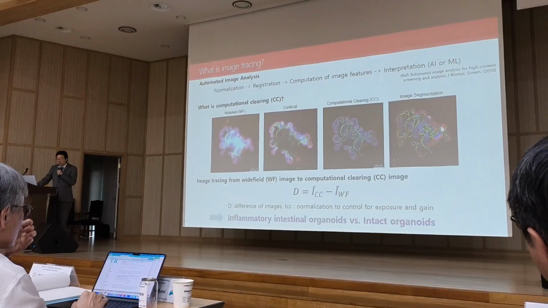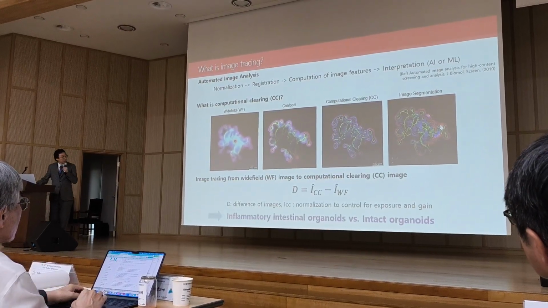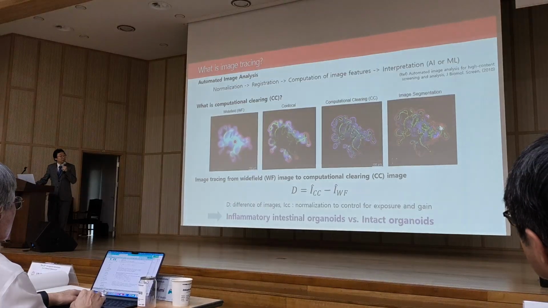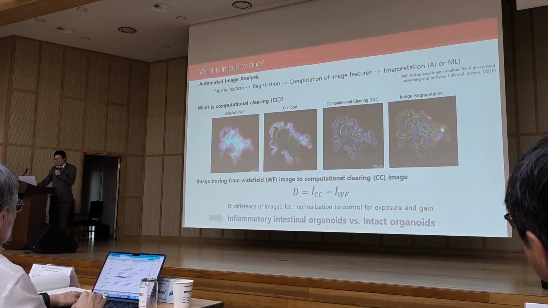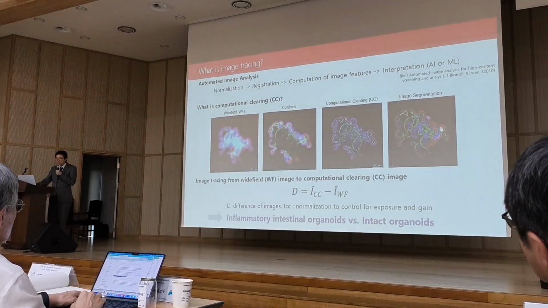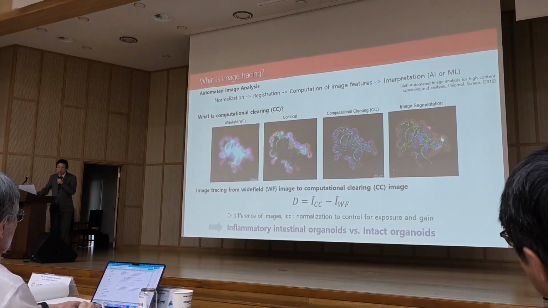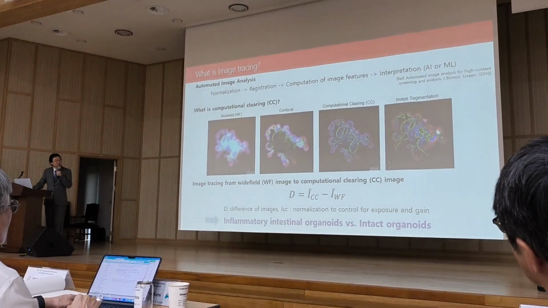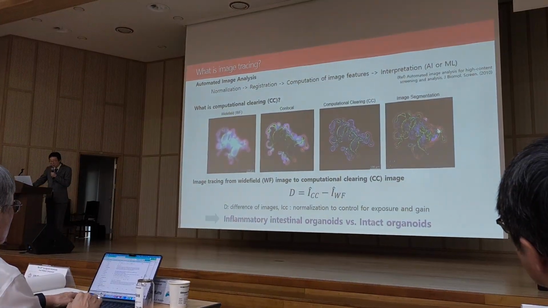So here is the wide field image of conventional fluorescence microscopy, and the real world is that there is a lot of background noise and very hazy fluorescence signal. So biomedical researchers normally use confocal microscopy, which shows very nice images. However, confocal microscopy is a bit expensive.